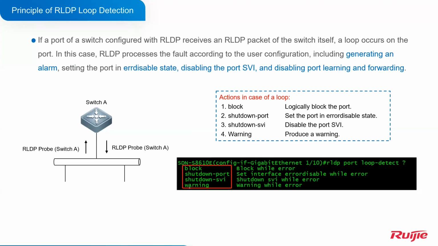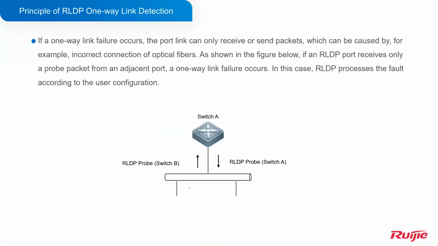Okay, and next is the one-way link detection. If a one-way link failure occurs, the port link can only receive or send packets, which can be caused by, for example, incorrect connection of optical fiber.